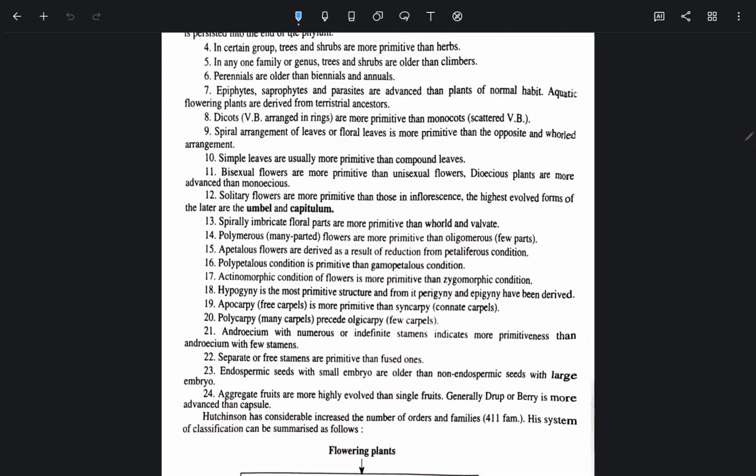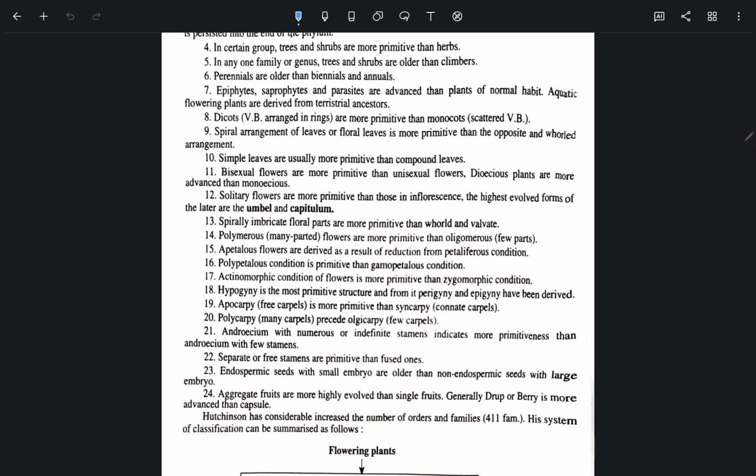Apetalous flowers are derived as a result of reduction from the petaliferous condition. Polypetalous condition is more primitive than gamopetalous condition. Actinomorphic condition of flowers is more primitive than zygomorphic condition. Hypogyny is the most primitive structure, from which perigyny and epigyny have been derived. Apocarpy is more primitive than syncarpy.